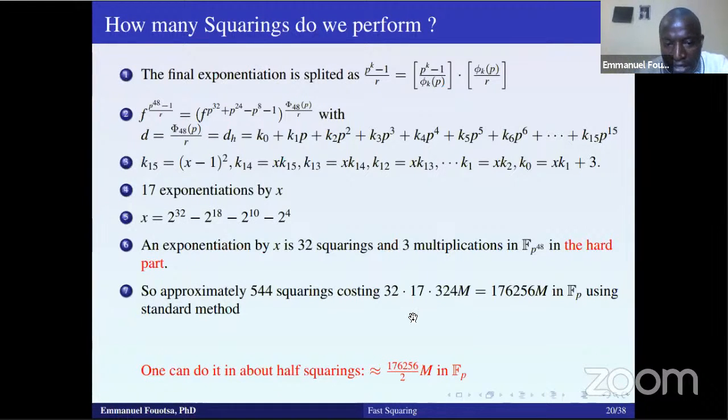The algorithm I'm going to present can reduce the cost of squarings by up to half. So instead of doing thousands of operations like here, we can perform just half of this. That's what I'm going to present now.